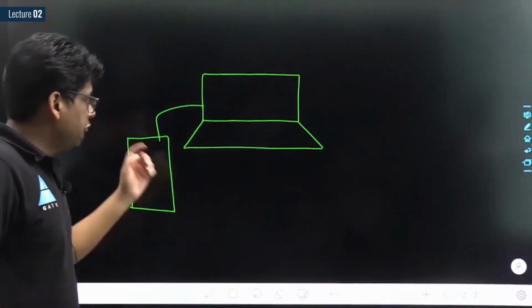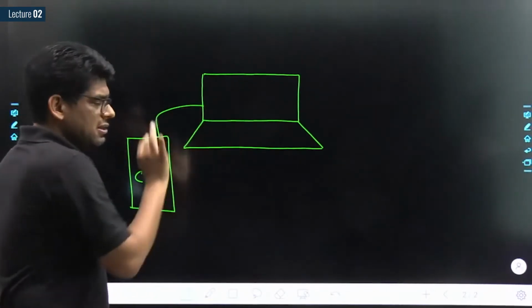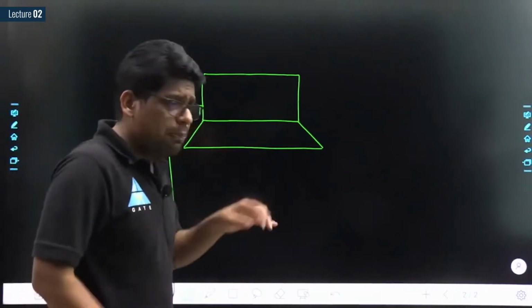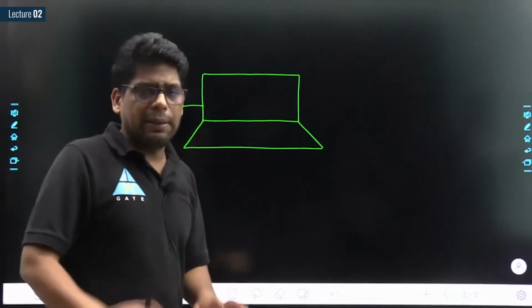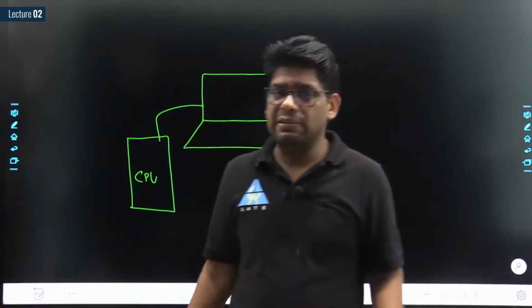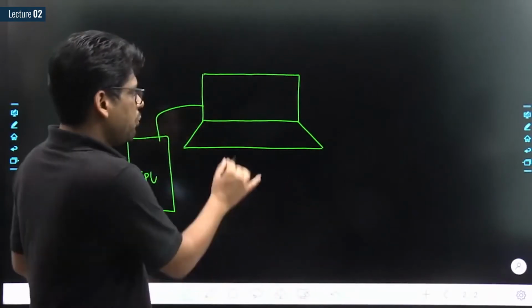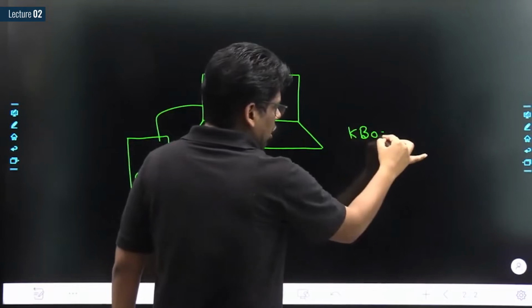This is the CPU, this is the monitor, this is the keyboard. The user will provide input through the keyboard most of the time. As of now, I am not talking about files. Am I right or not?